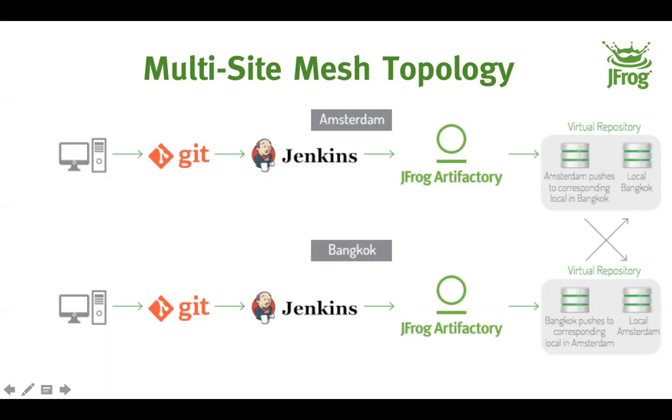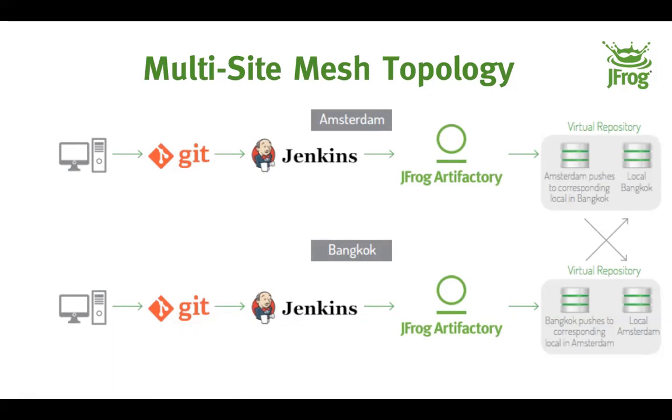To make it simpler for the developers so that they do not get confused about what is going on behind the scenes, they basically don't care where exactly they are getting the artifacts. So they can simply put the two local repositories behind a virtual one so that the developers get a single URL to work with.